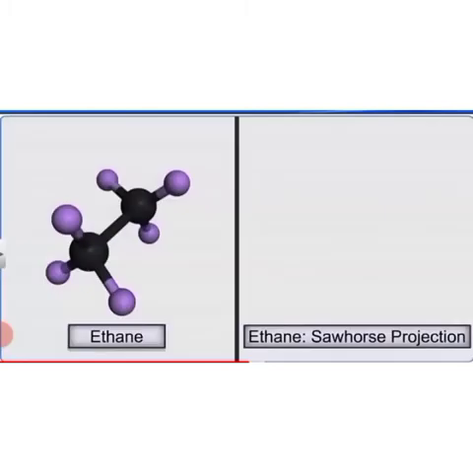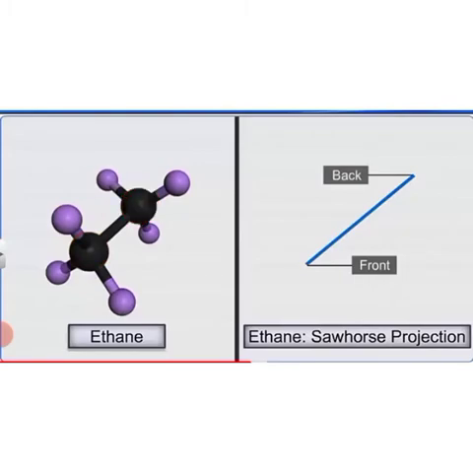Here, the carbon-to-carbon bond is shown as a long straight line, whose upper end is bent slightly either towards the left or towards the right-hand side. The front carbon is shown at the lower end of the line and the back carbon at the upper end.